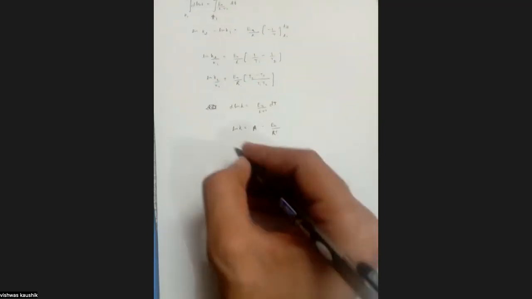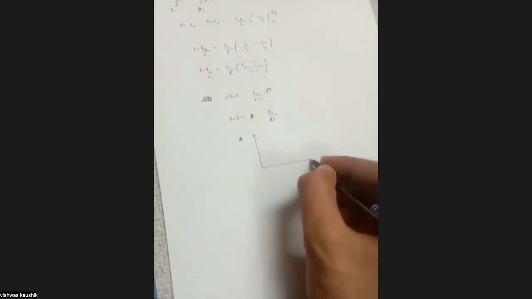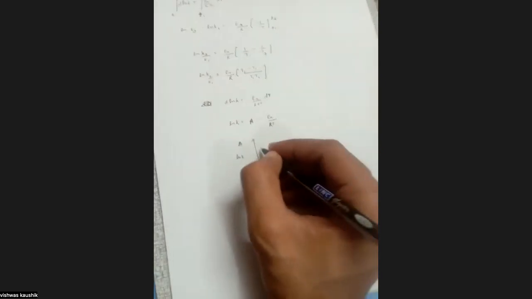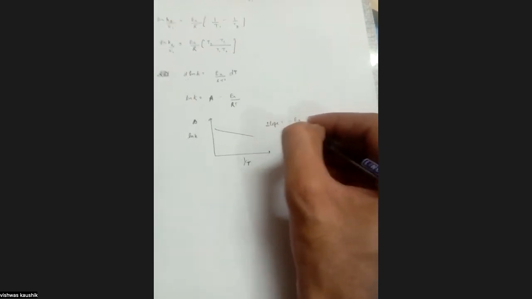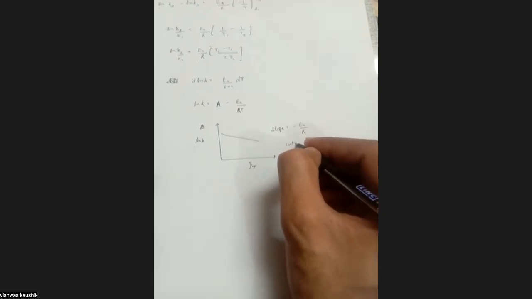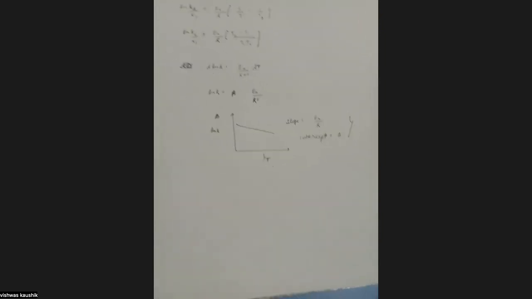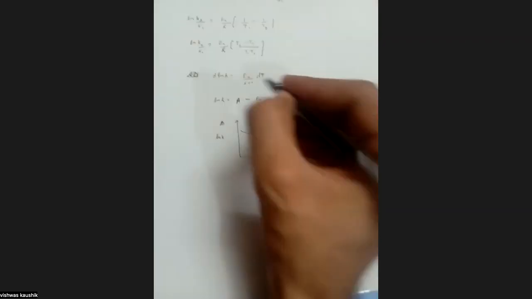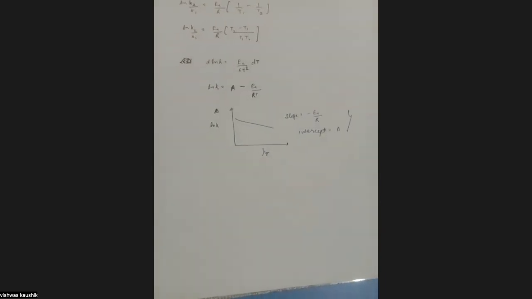If we plot the graph between ln k and 1 by T, the slope will be minus E upon R and the intercept will be the integrating constant, which is A in this case.